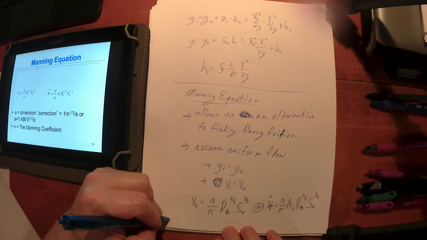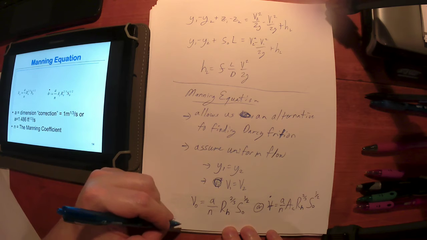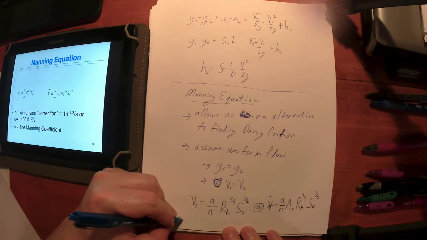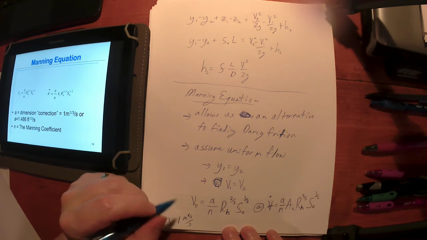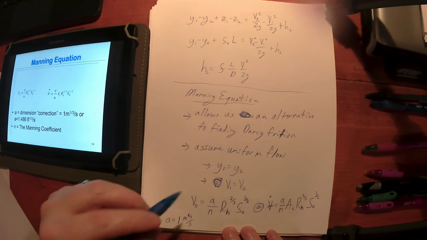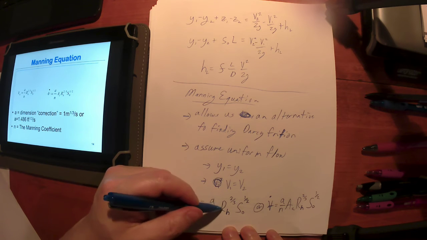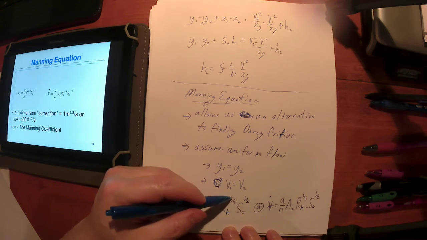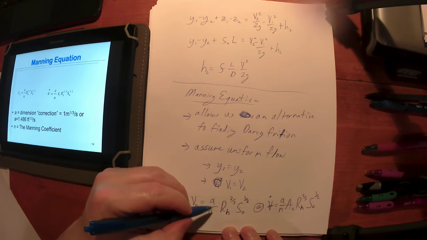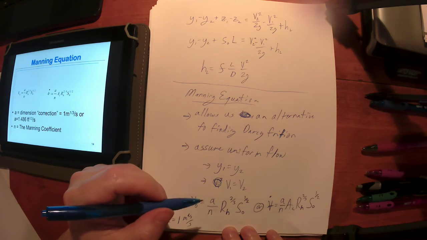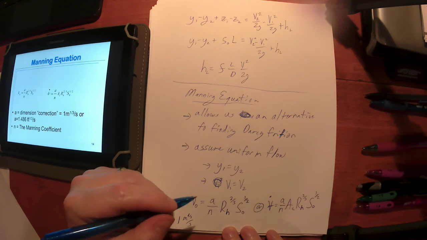Okay? And so that's where A is this correction factor. A is equal to 1 meter to the 1/3 power per second, which is weird, I know, but you need that for the units to work out, because this is going to be in meters to the 2/3. So to make this work out, you need meters to the 1/3.